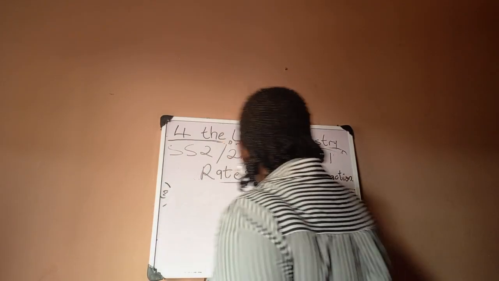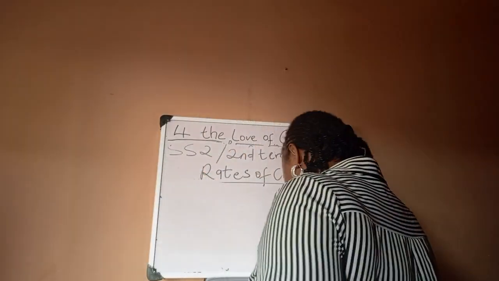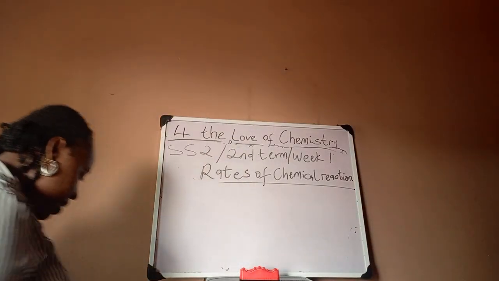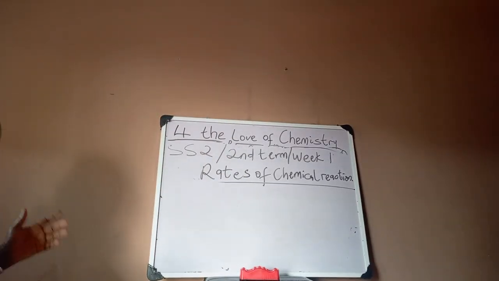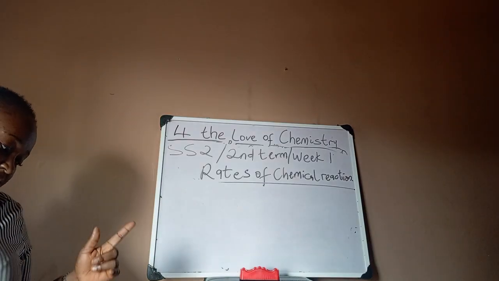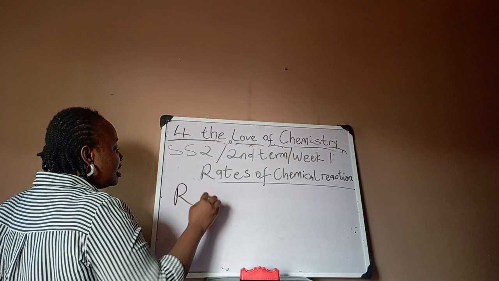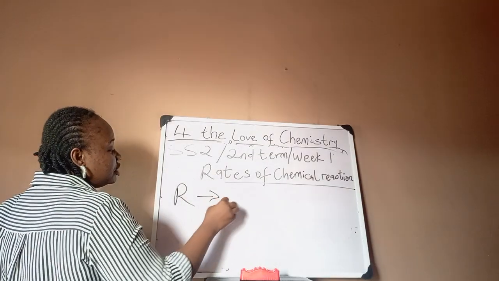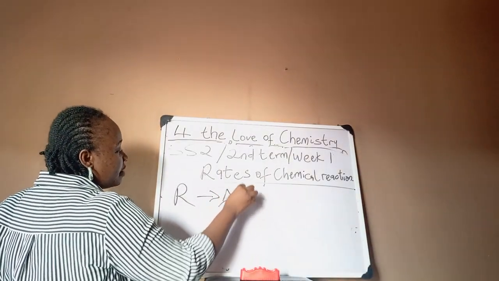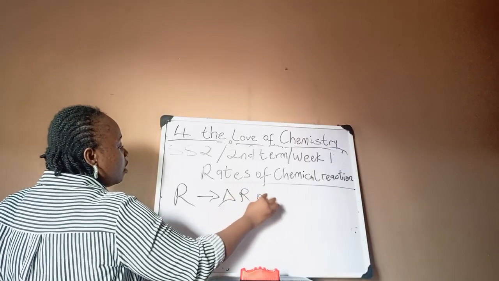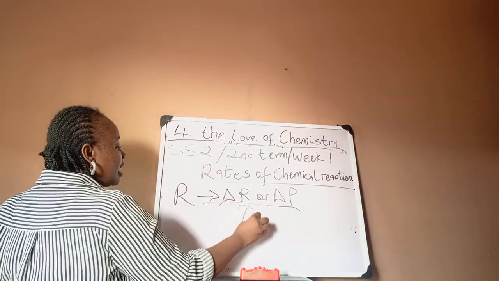Now, how do we measure the rate of chemical reaction? Rate of chemical reaction is defined as the change in the quantity of reactants or products per unit time.